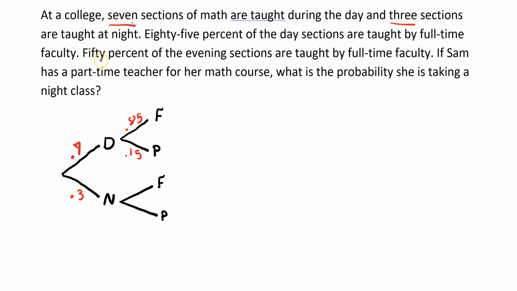Going back to the words, 50% of the evening sections are taught by full-time faculty. 50% are by full-time faculty, and that means 50% are by part-time faculty. The question is, if Sam has a part-time teacher for her math class, what is the probability she is taking a night class? So we're trying to solve the probability of night given part-time teacher.